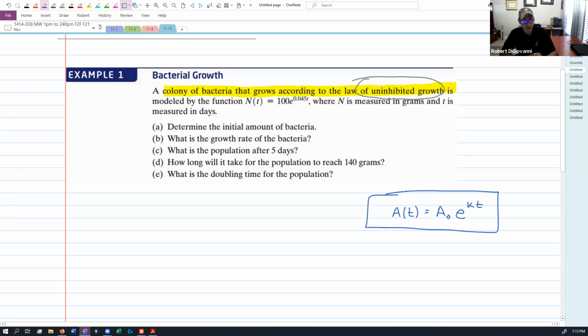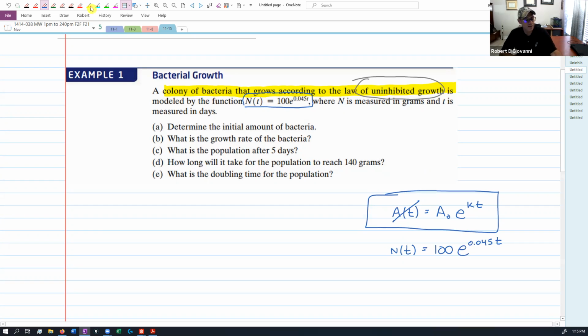Now, because they're talking about the number of bacteria, they've revamped the formula. Instead of using A(t), they decided to use N(t), N standing for number of bacteria, as opposed to A, which stood for amount of something. And then the rest of it is provided, 100e^(0.045t).